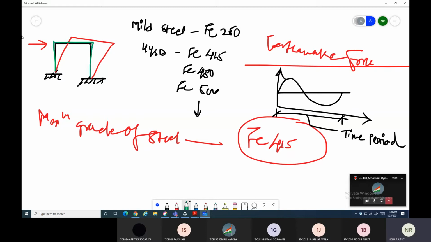So due to this force, the structure will complete one full cycle of oscillation, and that full cycle of oscillation is known as the time period of the structure. Means time required for the structure to oscillate from one place to other place and from other place to again the same place.